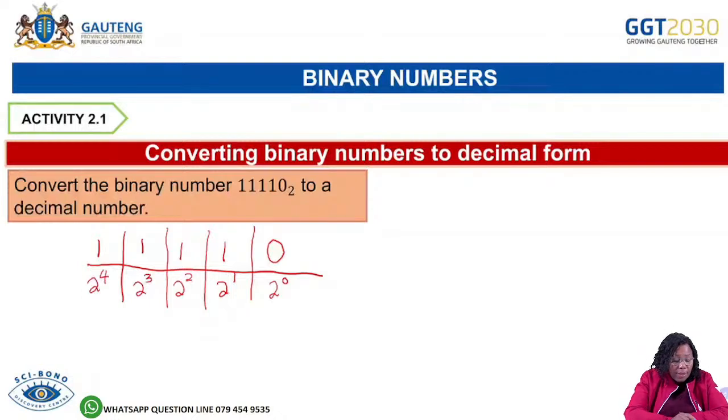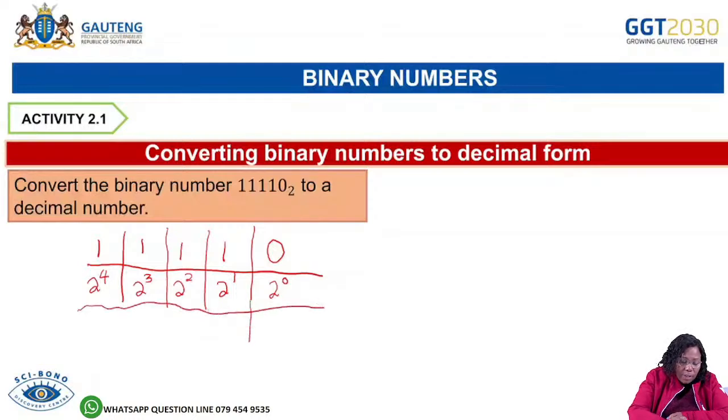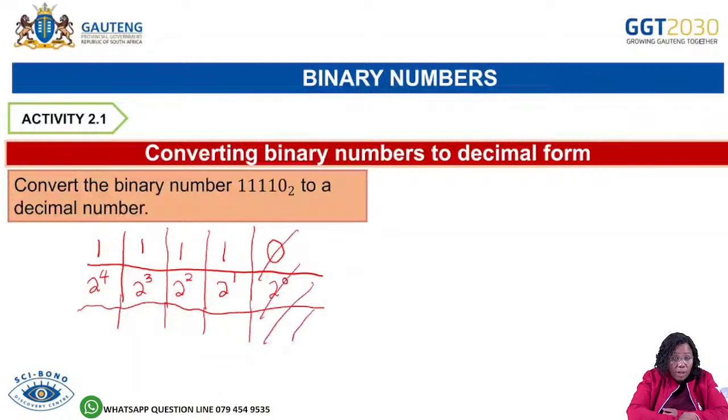Now we can find the decimal values of these base 2 exponents. Grade 12, we are not going to consider the 2 to the power 0 because it is below a 0 there. Our decimal will be determined by the values where you have 1s.